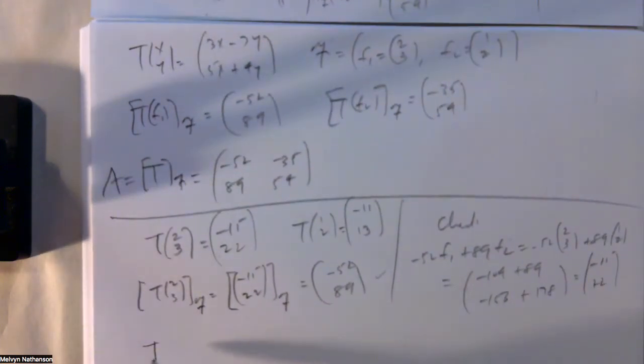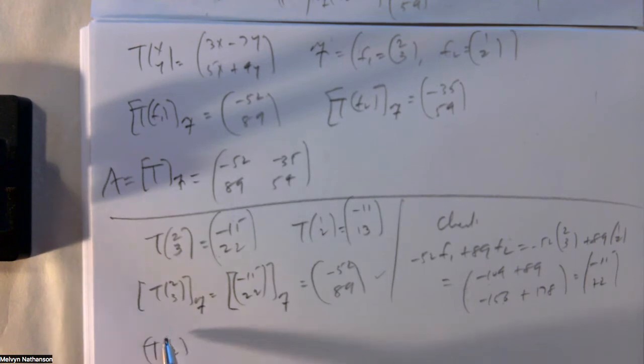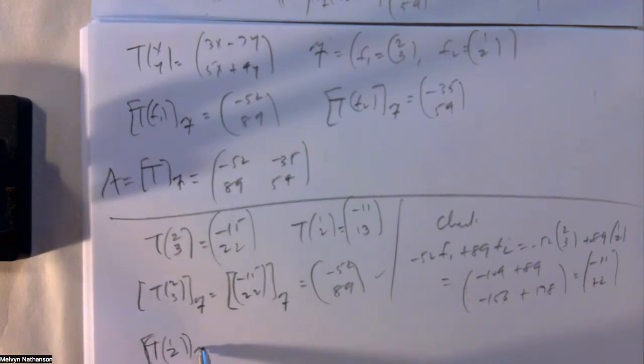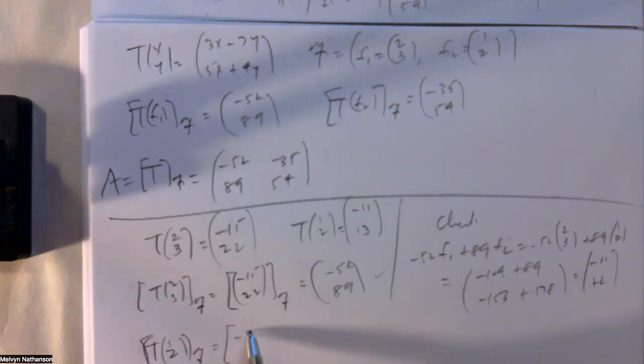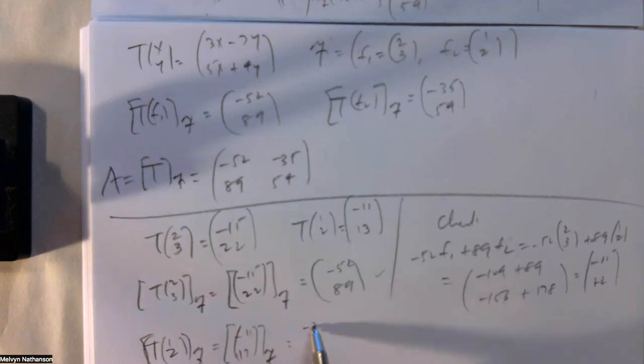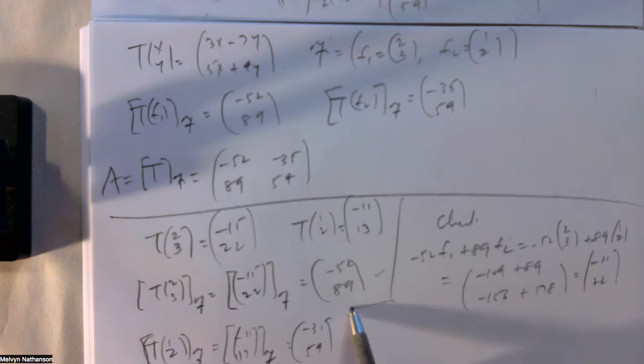And T of (1, 2), the coordinate vector for that, which is the coordinate vector for (minus 11, 13), the way I calculated it, was (minus 35, 54). So let me check that.